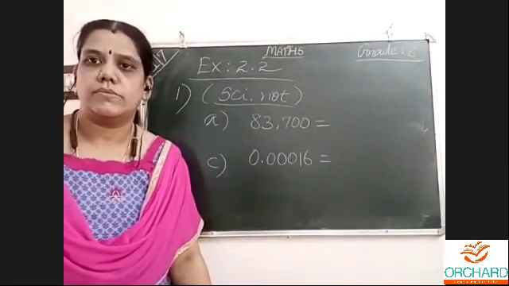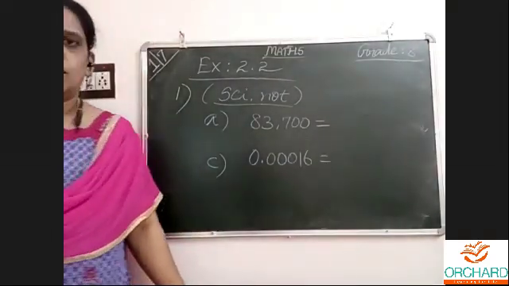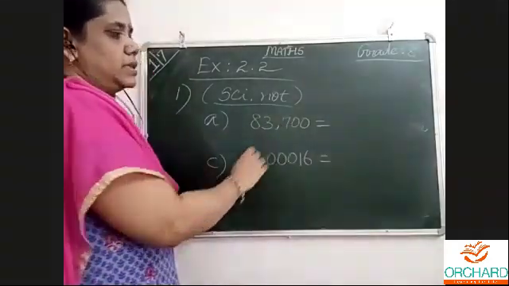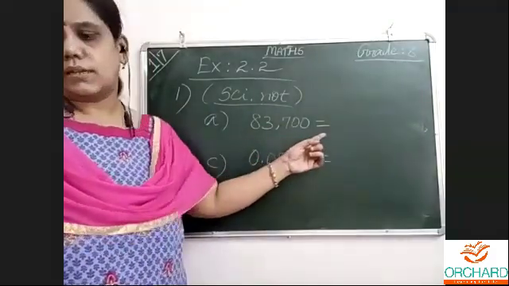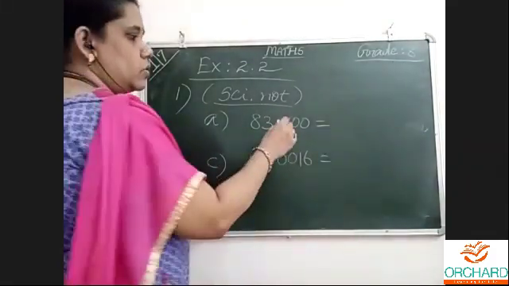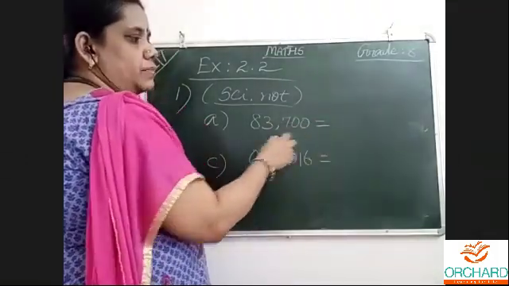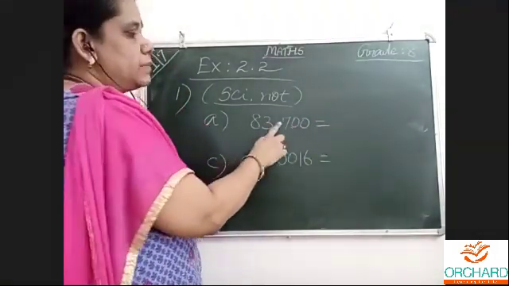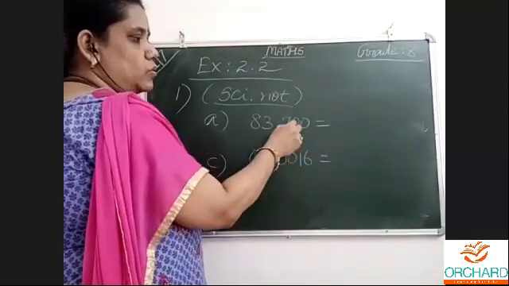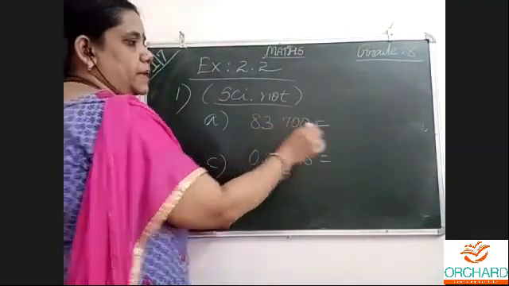Now, 1 and 2. 83,000. This is a comma only, ma'am, nothing else is there. 83,700. So what to do is come from the last. Don't worry about the commas. Come from the last, 1, 2, 3, 4 places, and stop the point here.